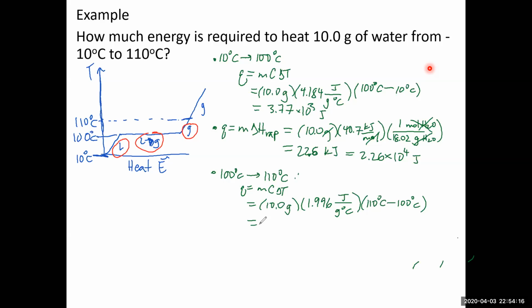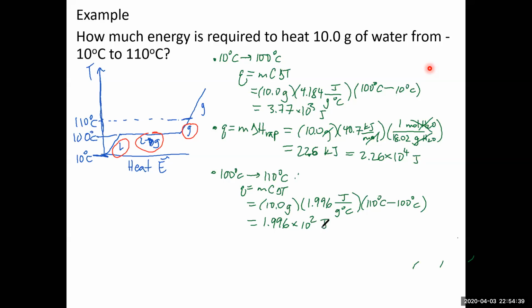And when we multiply all that out, we get 1.996 times 10 to the 2nd joules.